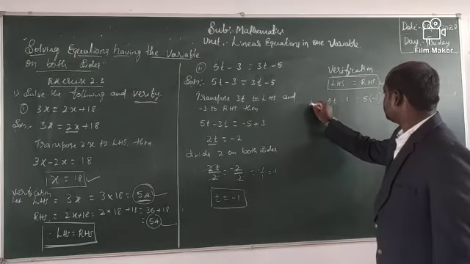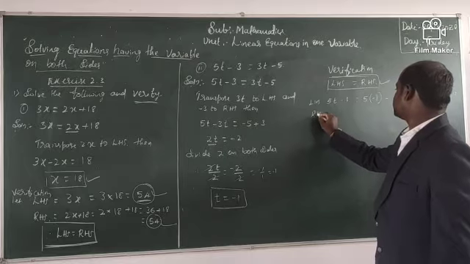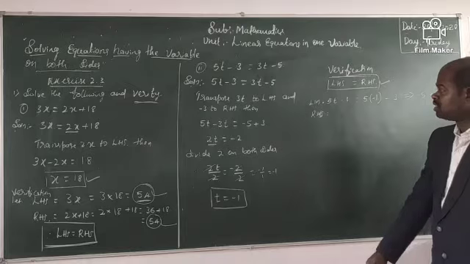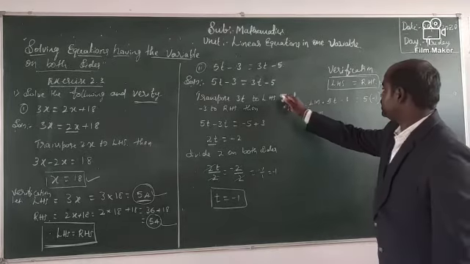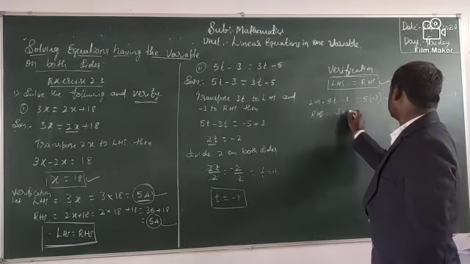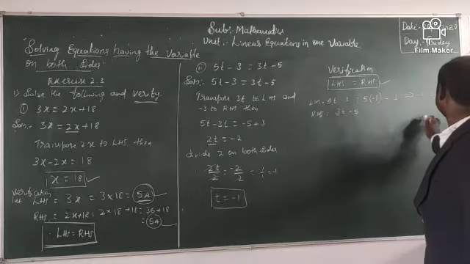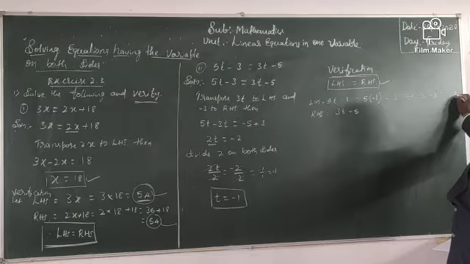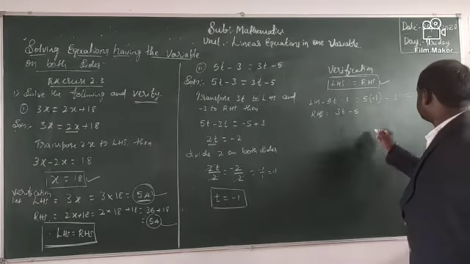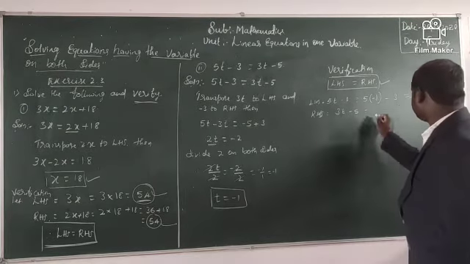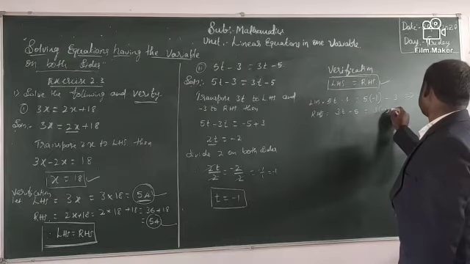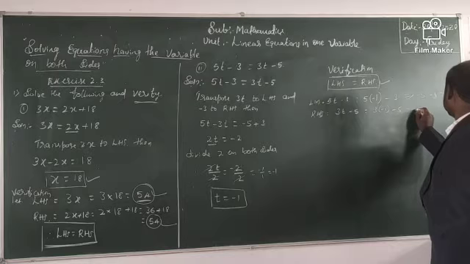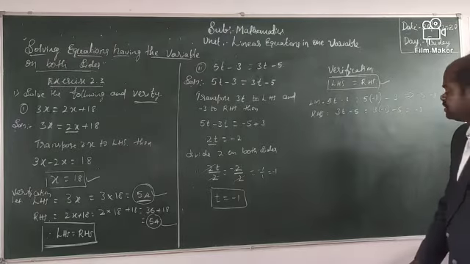What is the RHS given here? 3t minus 5. So 3 into minus 1 minus 5 equals minus 3 minus 5, which is equal to minus 8. Here the sign is minus, write the minus sign as it is.